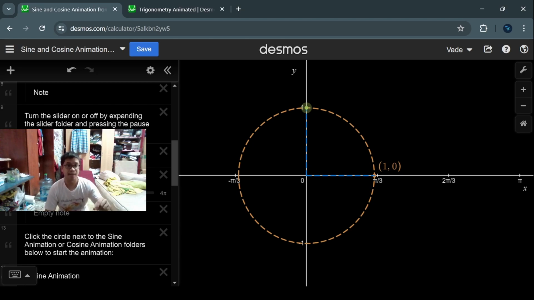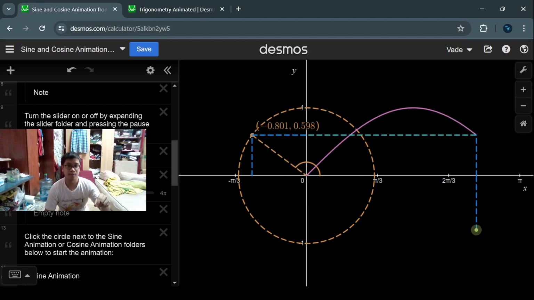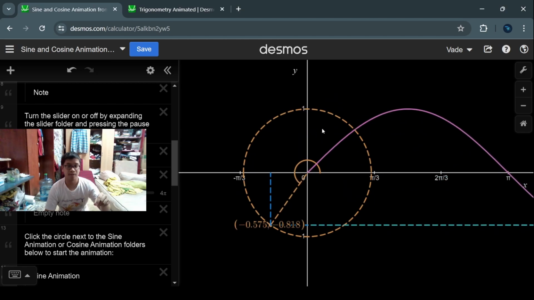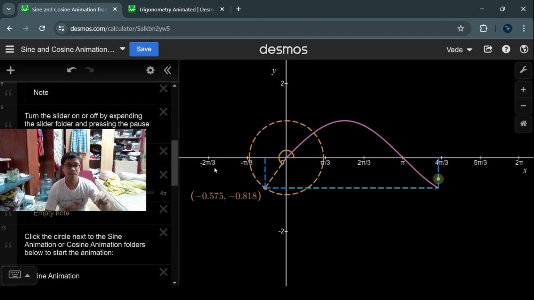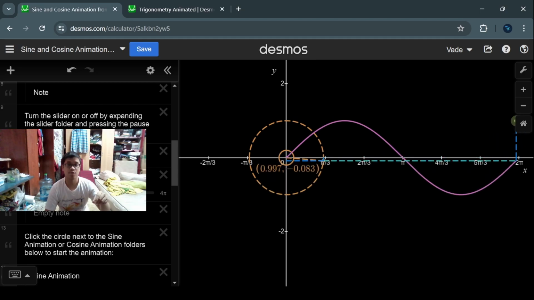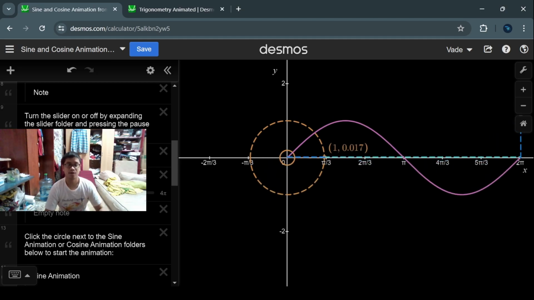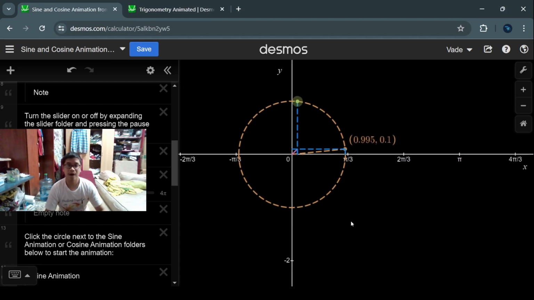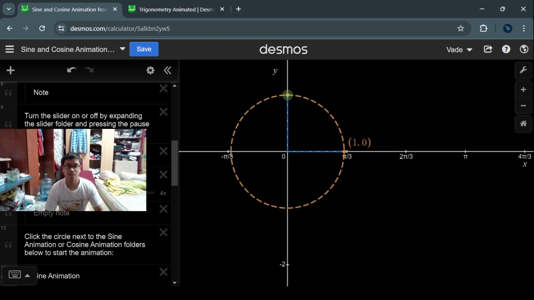But here's what will happen. Look what will happen. Let me zoom out. Okay, there we go. What did you observe? Let's do it slowly. Look at the y value. It is 0. Then as it increases, it reaches 0.56.